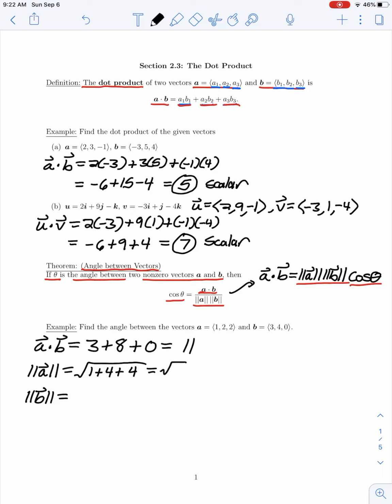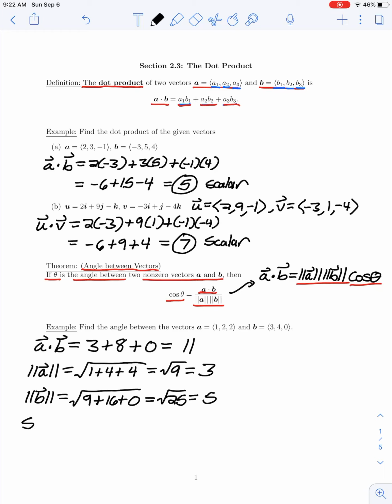So altogether we have root 9, or 3. And for the vector B, the magnitude is the square root of 3 squared, which is 9, plus 4 squared, which is 16, plus 0 squared. So this gives us root 25, or 5.